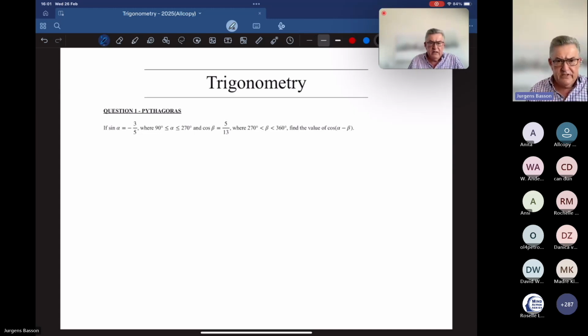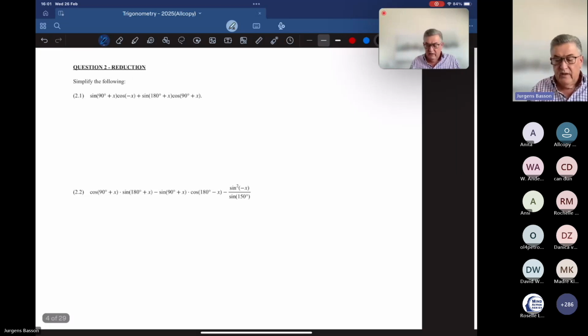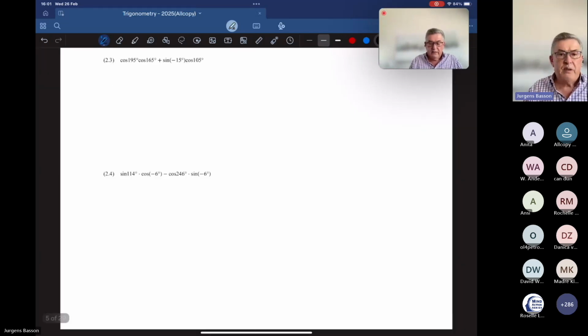The first one, you all know that this question is always in a paper, and it's a question that learners do pretty well in, and very important because they can get good marks on this one, and these are the Pythagoras questions. After that, we're going to look at reduction, and that is now negative angles, reduction formulae, and so on.